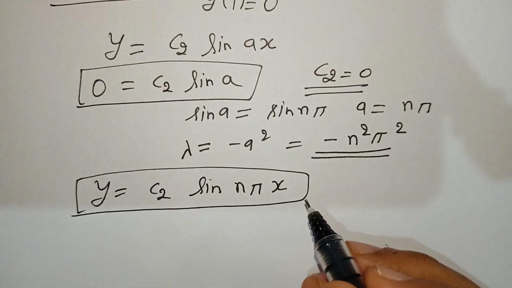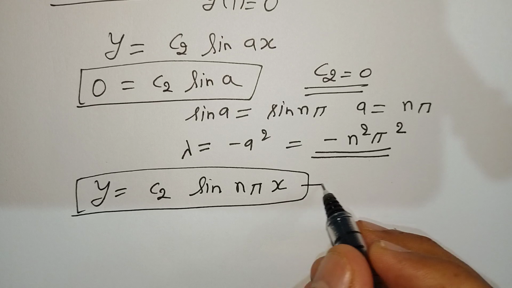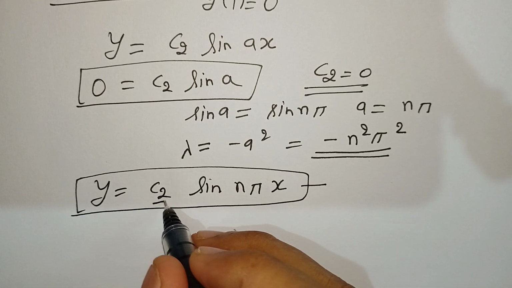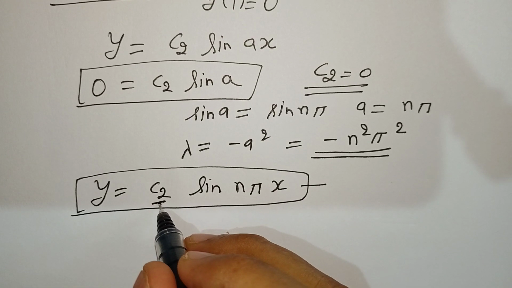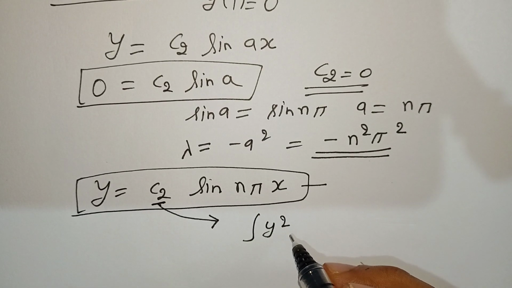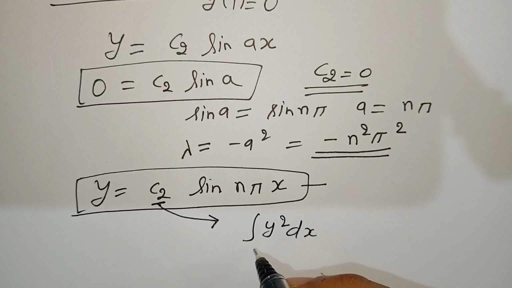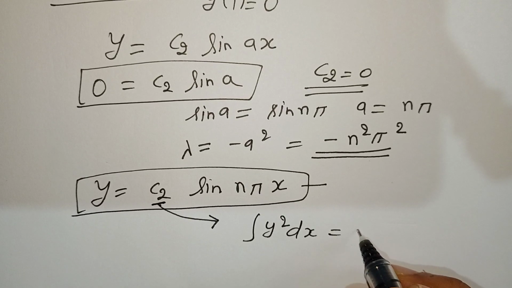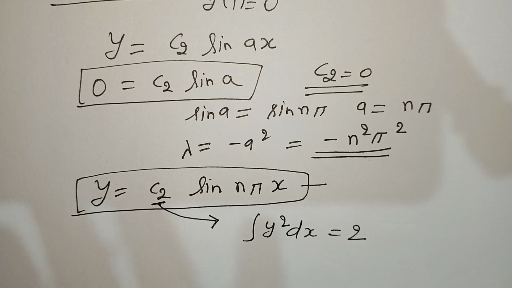Okay, so we got this extremal, but still c2 is a constant. So this c2 we can find out using the given constraint, integral of y square dx equal to 2. So using this we can find the value of c2. This is 0 to 1.